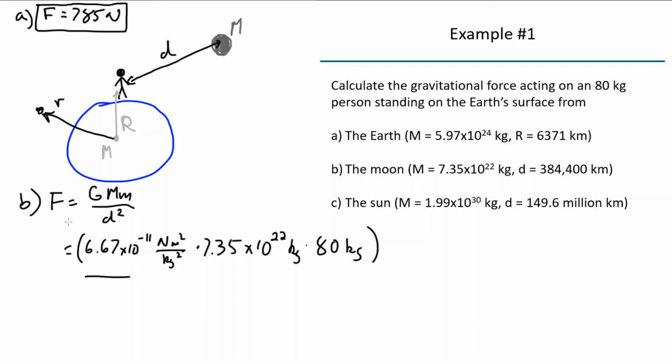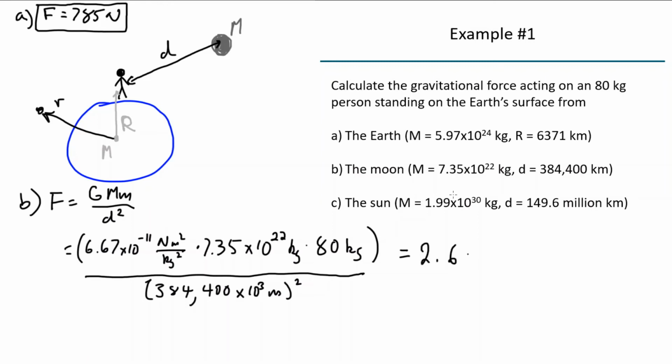And then I divide all of this by the distance of the person from the moon, which is 384,400 kilometers, so times 10 to the third meters squared. Putting that all into my calculator, I get 2.65 times 10 to the minus 3 newtons.